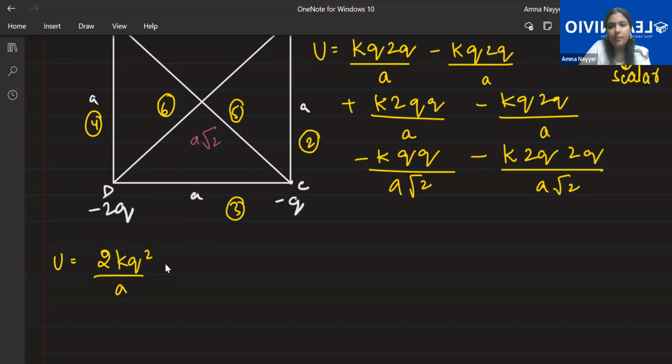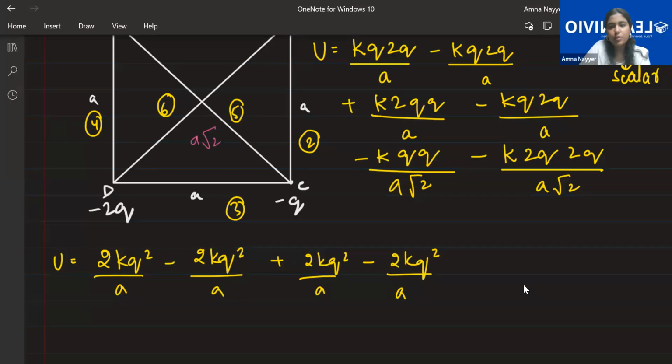This will be minus 2kq square by a. This will be plus 2kq square by a. This will be minus 2kq square by a. This will be minus kq square by a root 2.